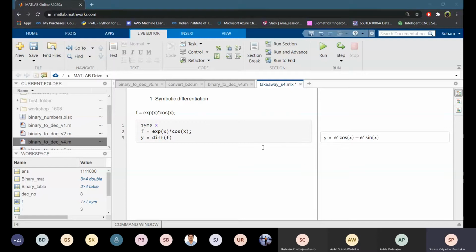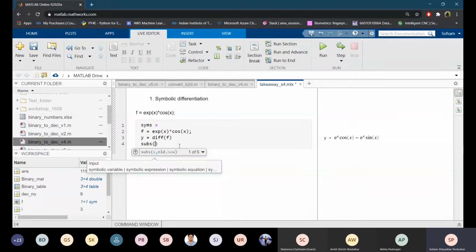Now let's say you want to solve it to the end, for example, substitute a value of x. Since you have the result, you could do that by literally taking y and putting in x values. But since it is a symbolic variable, everything is being operated inside the symbolic toolbox, so you use something called subs. Subs asks where you want to substitute.